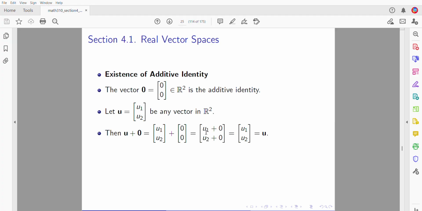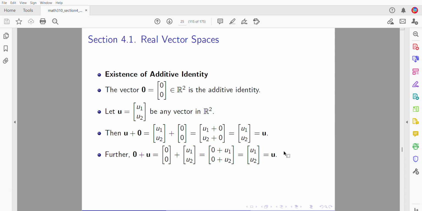Then U plus the 0 vector, (U1 + 0, U2 + 0), is back to U. Likewise, 0 vector plus U is (0 + U1, 0 + U2), which is back to U. That's what it means to be additive identity. It doesn't change the identity of any other vectors upon addition. U plus 0 vector is 0 vector plus U is U.